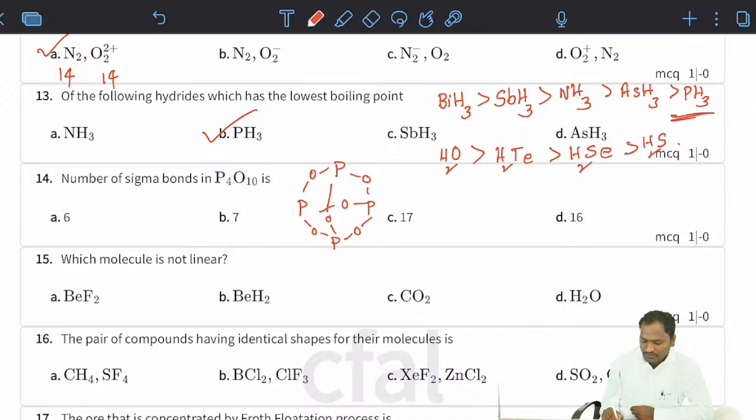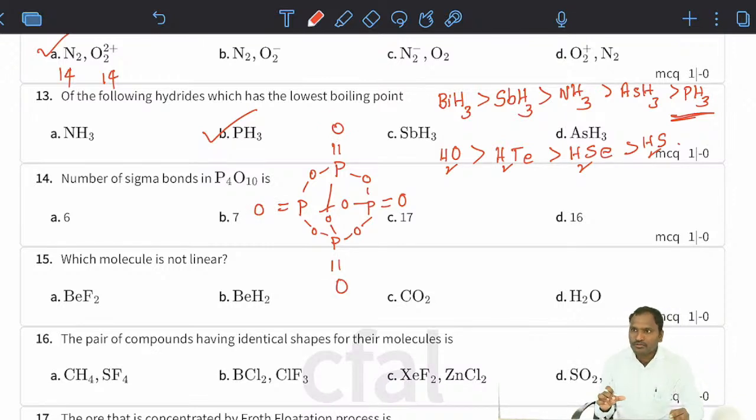Six bridging oxygens, and double bonded O on each phosphorus. Two phosphorus atoms connect through oxygen, and upon each phosphorus, if you keep a double bond O, you will get the structure P4O10. Now, how many sigma bonds are there? If you count, you will get 16, students.